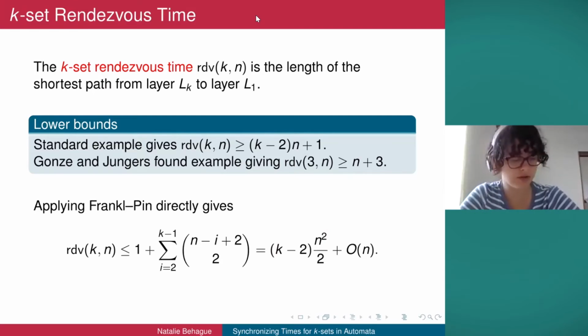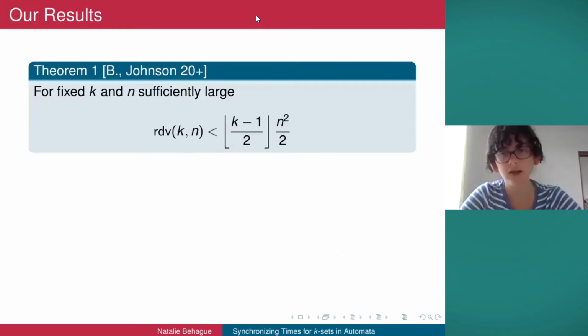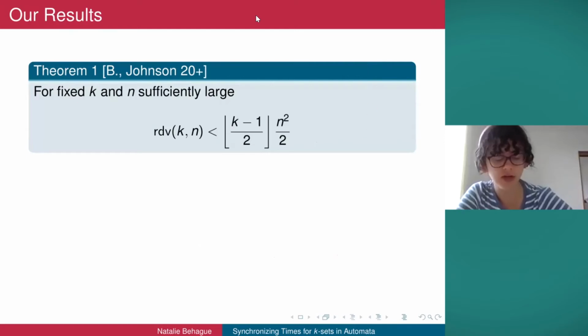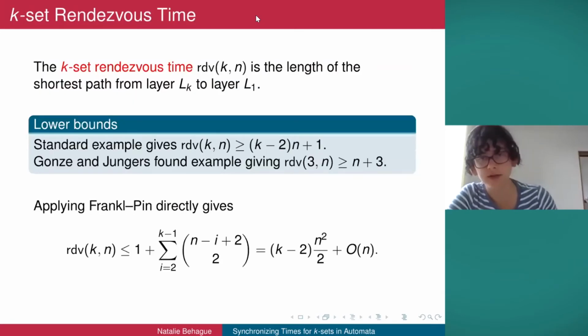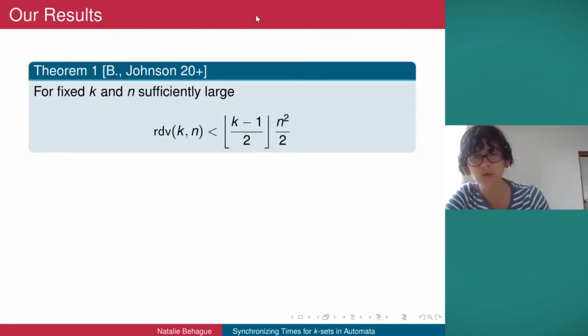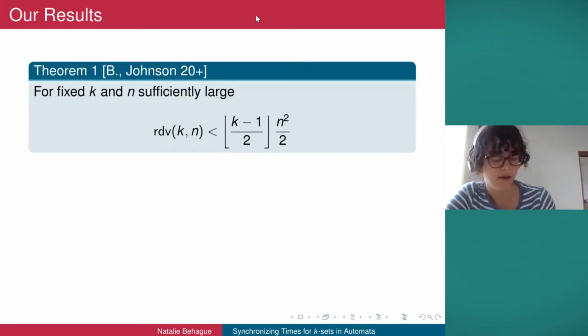So our new results, Amy and Robert, showed that, the first result is this theorem that shows for fixed k and n sufficiently large, you can get the floor of k-1 over 2 n squared over 2. So if we go back, this is k-2 over 2. This is more like k-1 over 4, k-2 over 4, depending whether k is odd or even.